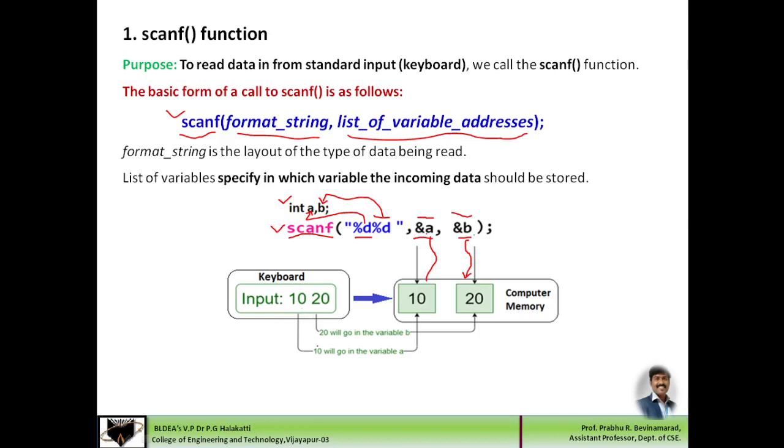The first value will be stored in address of a, nothing but this memory location, and the second value will be stored in the second memory location, right? So scanf will take the data from the keyboard and store it in the respective memory location.